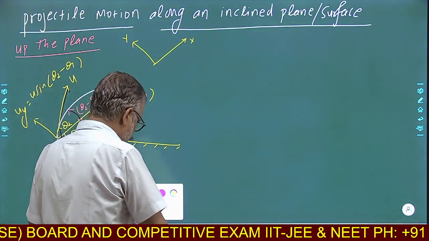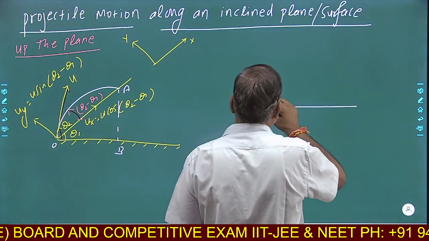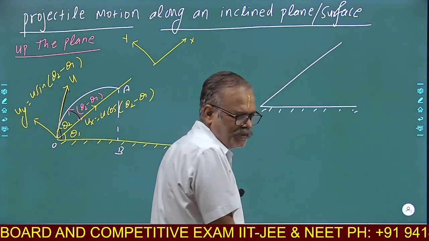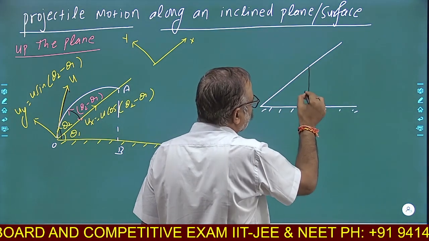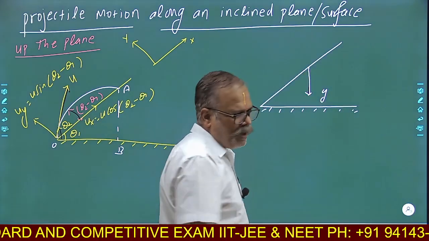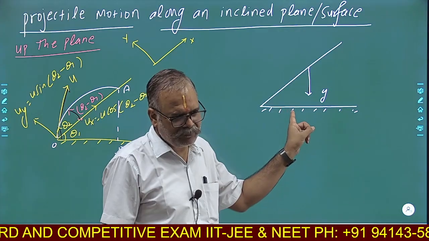Now, acceleration. देखिए, you know that acceleration under the influence of gravity is vertically downwards, means perpendicular to the horizontal or ground surface.